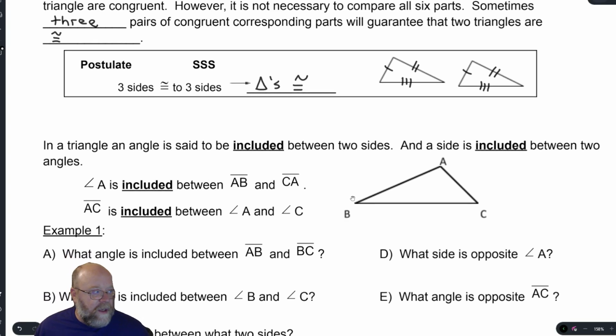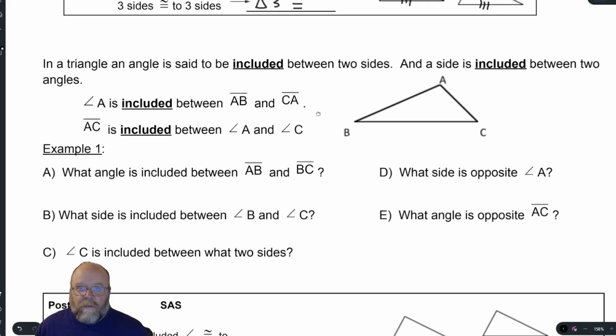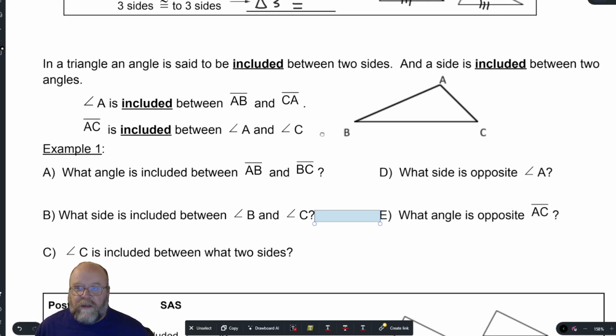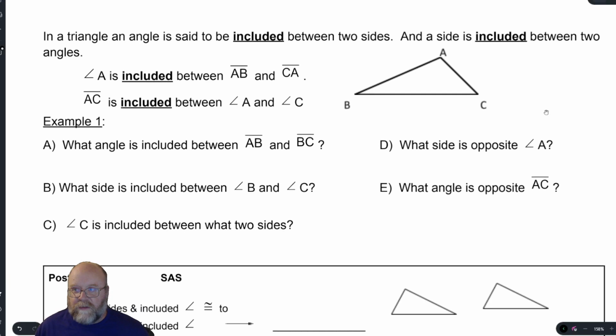Anyways, in a triangle, an angle is said to be included between 2 sides. Included is very important for these theorems. If you look at this triangle, we have 3 sides and 3 angles.